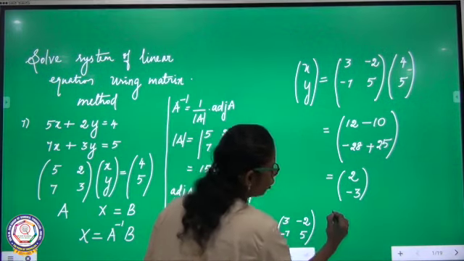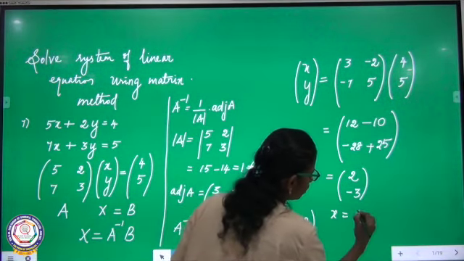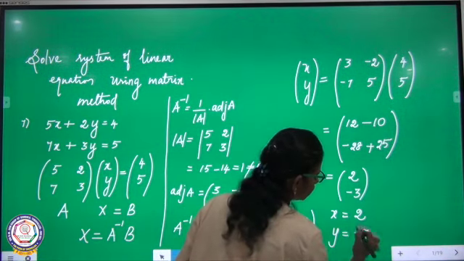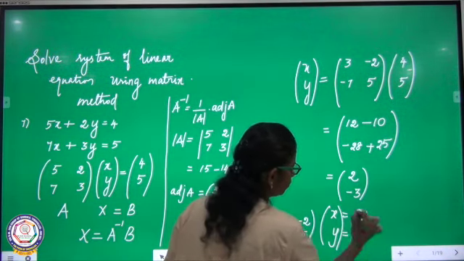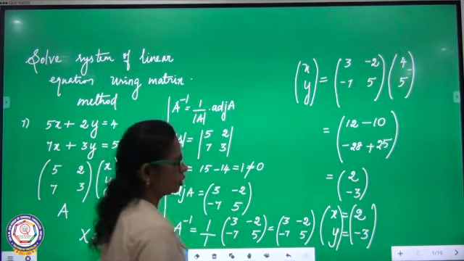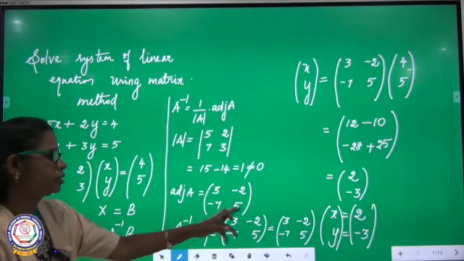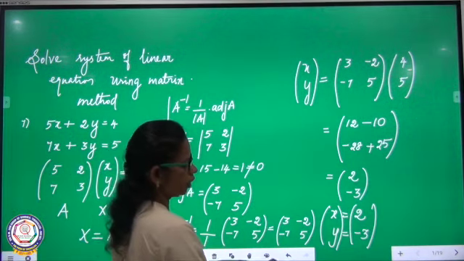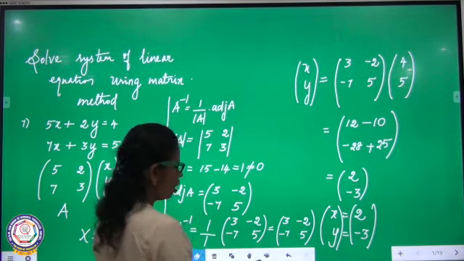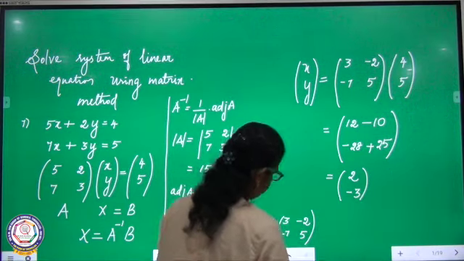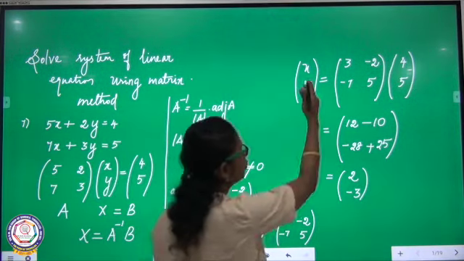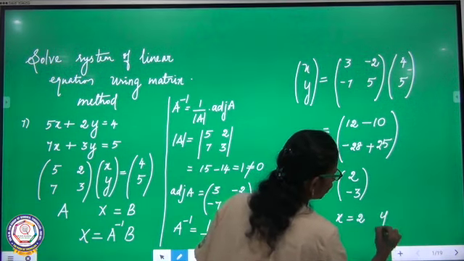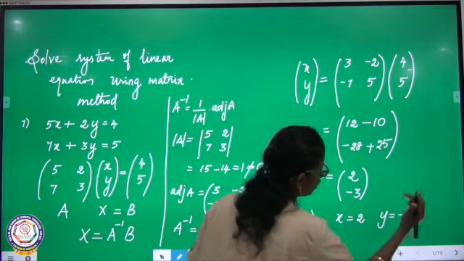Now what is the value of X? X is equal to 2, Y is equal to minus 3. What is our answer at the end? X is equal to 2 and Y equal to minus 3. If you want, you write it in the matrix format, or you equate X is equal to 2, Y is equal to minus 3.